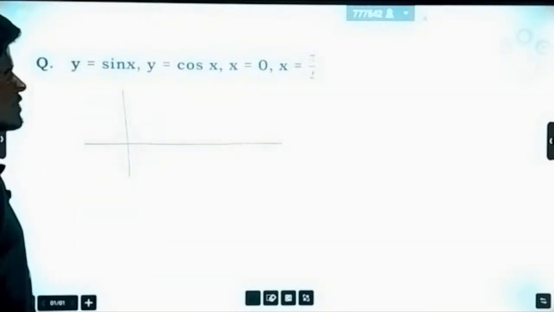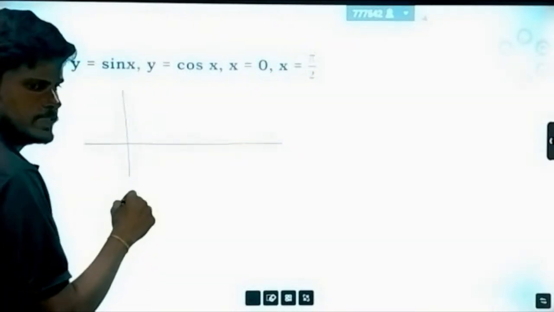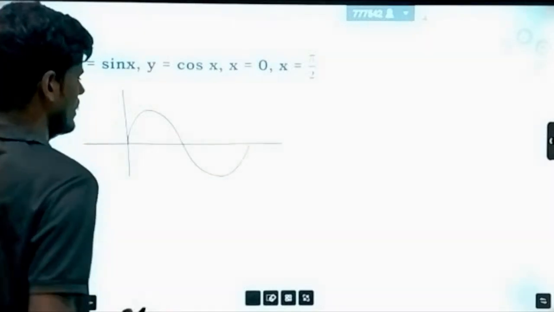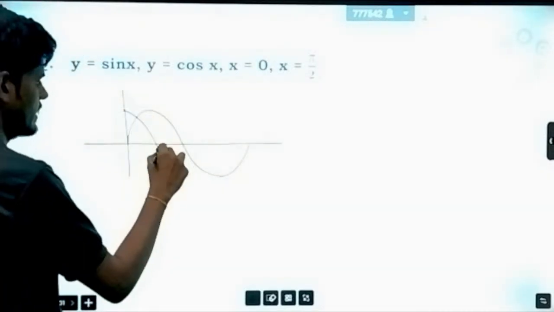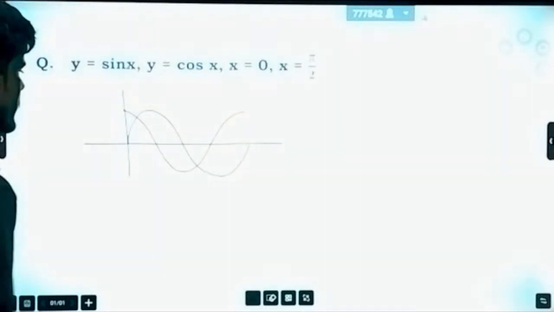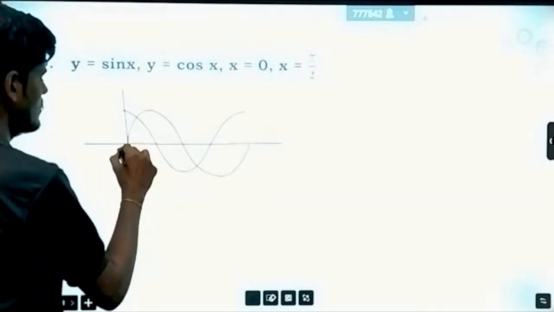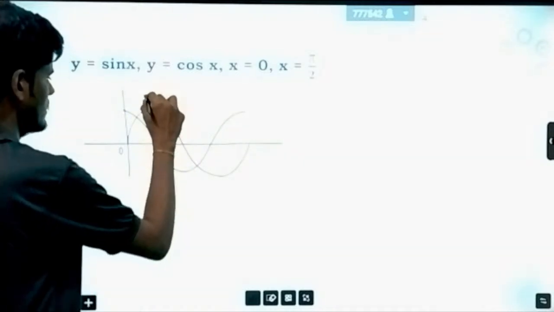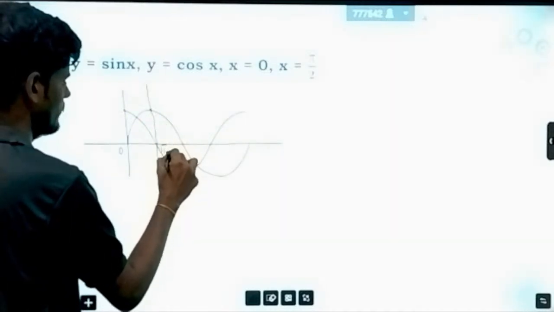The graph is y is equal to sin x and y is equal to cos x. So y is equal to sin x curve is like this, and y is equal to cos x curve will be like this. Now the region is between 0 to pi by 2. So this is 0 and this line is pi by 2.